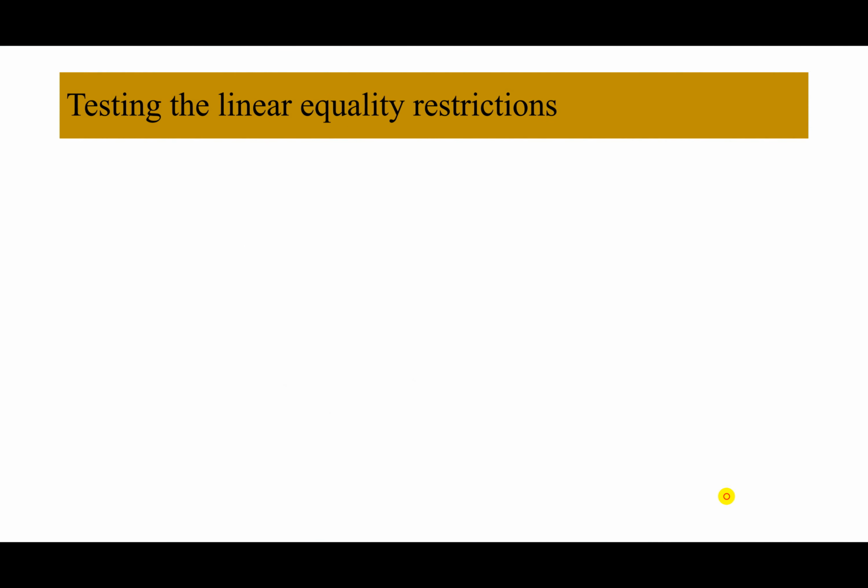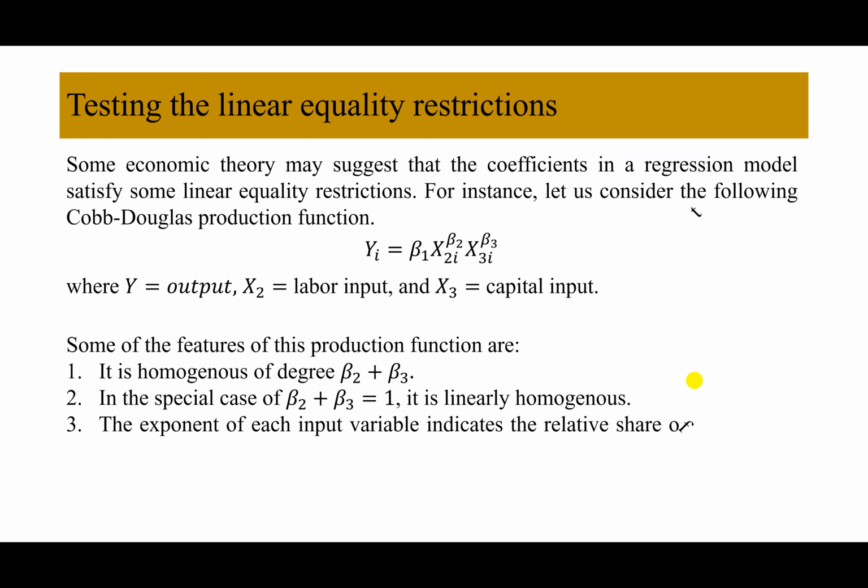Some of the features of this production function are: it is homogeneous of degree beta 2 plus beta 3. In the special case of beta 2 plus beta 3 equal to 1, it is linearly homogeneous.